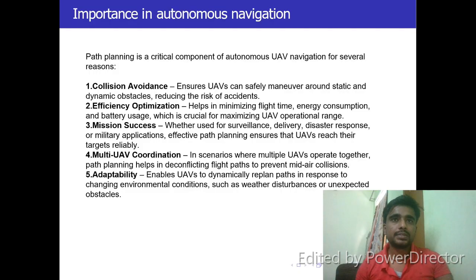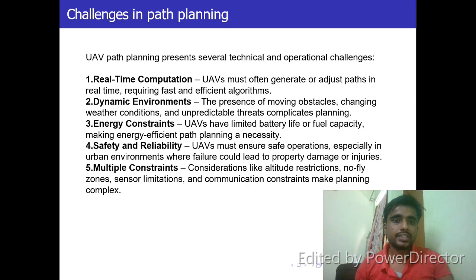It ensures the UAV reaches its target successfully, whether for delivery, surveillance, or rescue. Fourth is multi-UAV coordination. It prevents UAVs from crashing into each other while flying in groups. And fifth is adaptability. Adapting to change allows the UAV to change its route if weather conditions or obstacles appear unexpectedly.